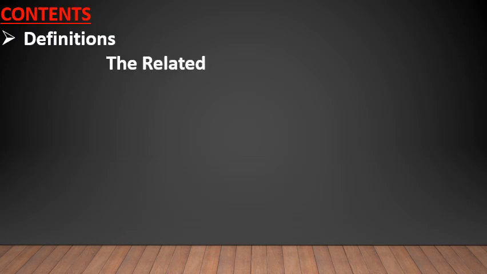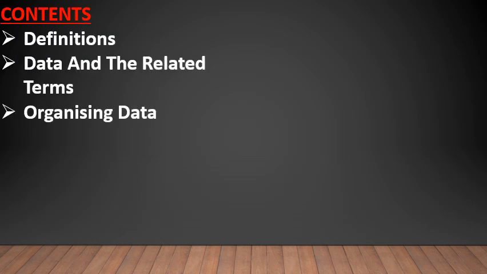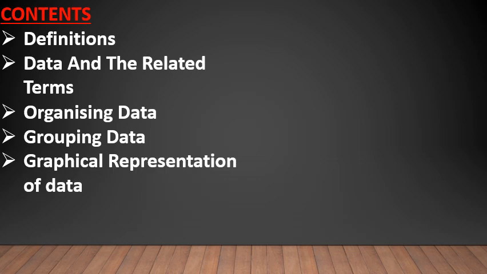After going through this chapter we will learn different definitions connected to statistics, data and the related terms. We will learn how to organize data, then we will learn grouping of data and graphical representation of data.